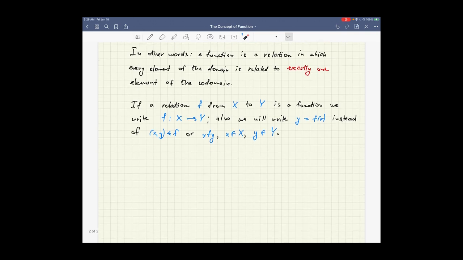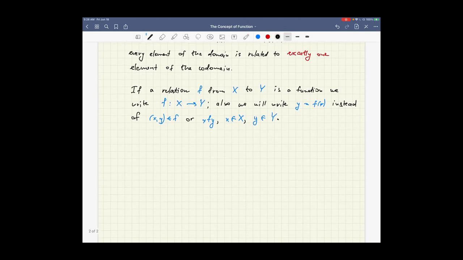So in a function f from X to Y, we have for every x in X, for every y, z in Y, if it so happens that f at x equals y, and it so happens that f at x equals z, necessarily y must be equal to z.